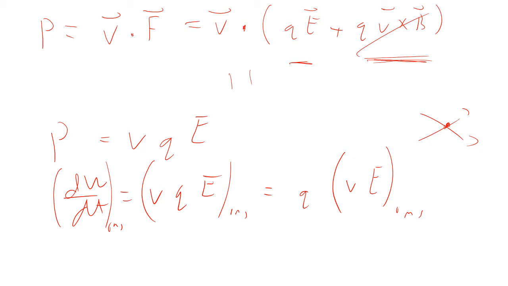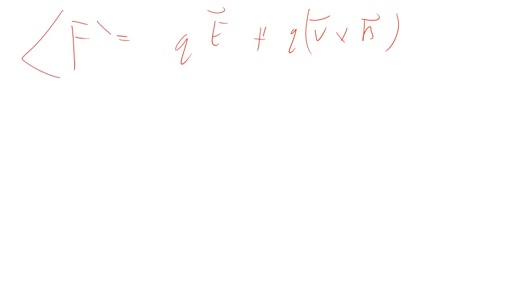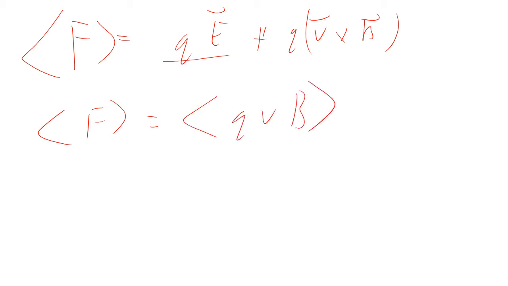Okay. So let's think about the force itself, because we got the force, and the force keeps changing too. So the force is going to be QE plus QV cross B. Okay. If we want to find the actual average force, well, the average of that is going to actually be 0. So the average force is going to be the average QVB. Okay.